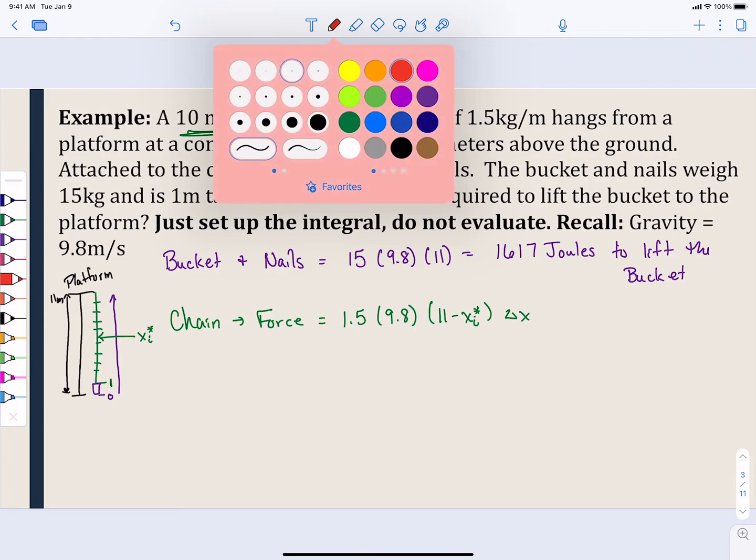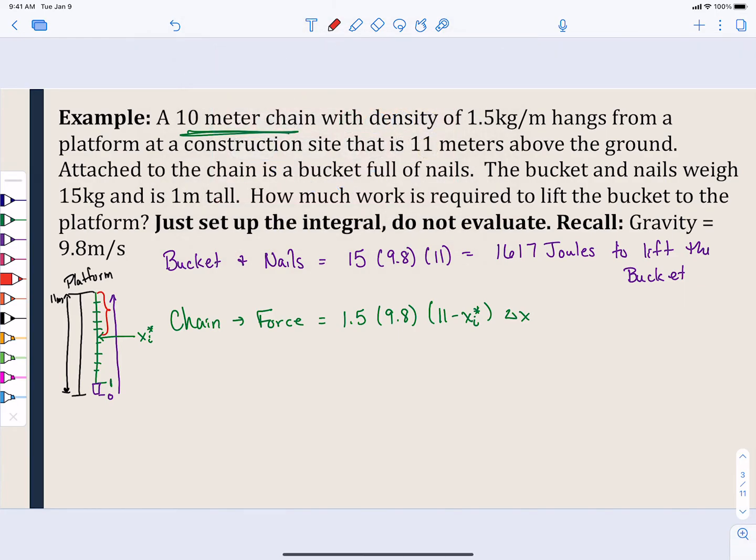So again, how that works here is this is the distance that amount of chain is going to travel. It's the 11 meters minus that x sub i star amount. So that's why we have 11 minus x sub i star.